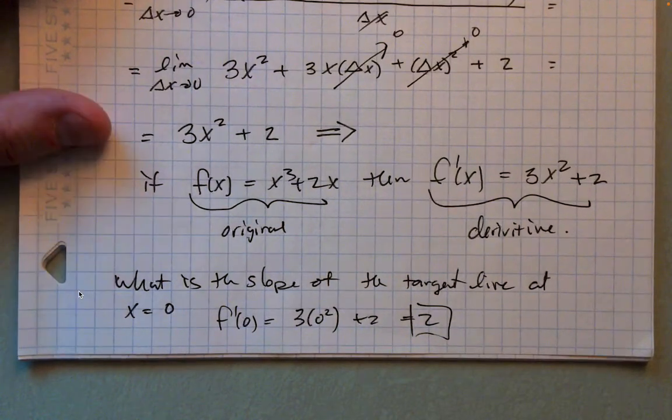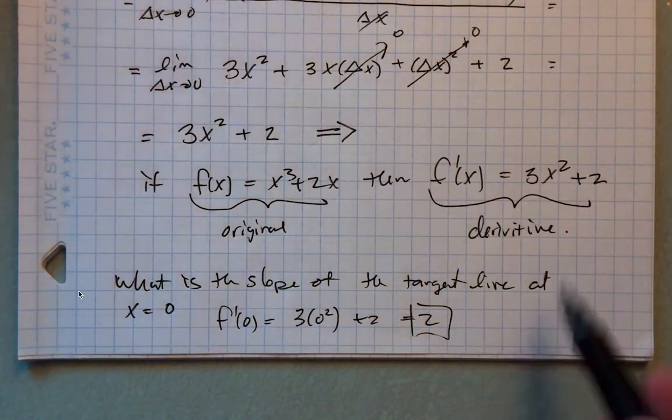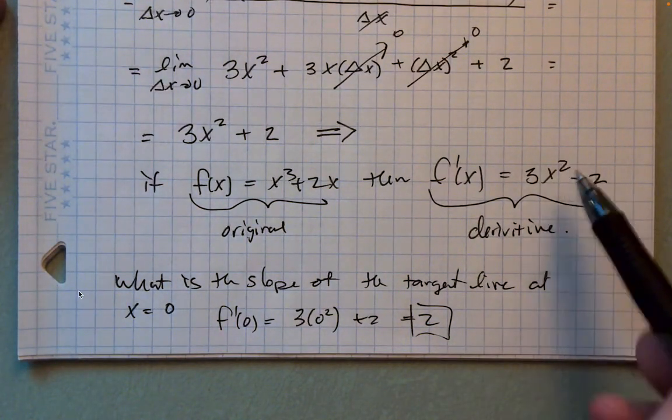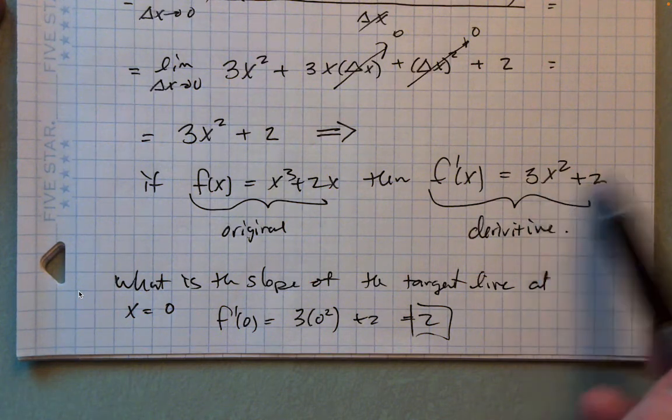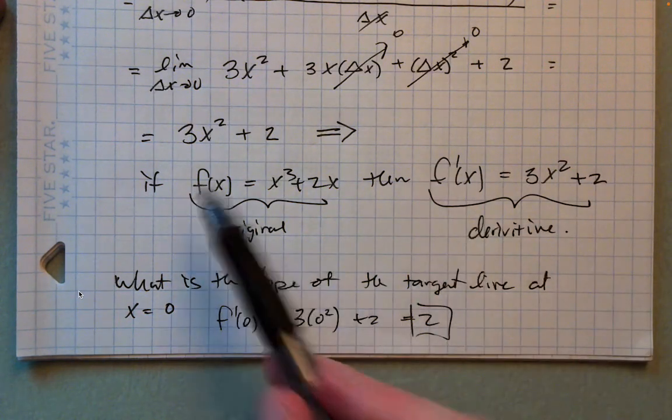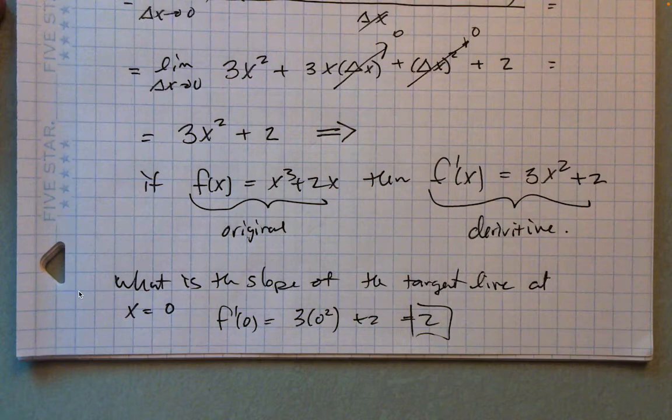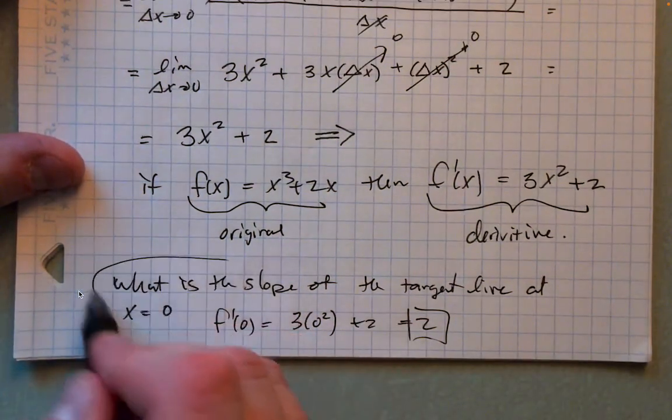The slope is 2. What is the slope of the tangent line at x equals 1,000? Well, I can plug 1,000 into this, and whatever I get, that's the slope of f at the point x equals 1,000.